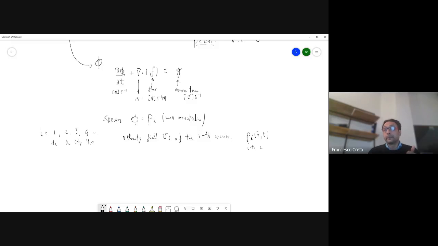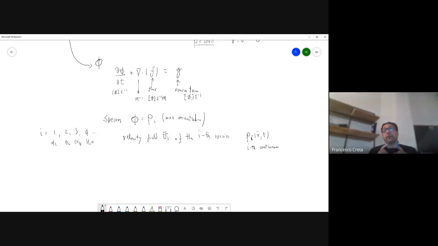So for each species, we have a scalar concentration. Okay, scalar field rho_i of x and t. Okay, that's my ith continuum. And associated to this continuum, there is a velocity field. Let me write it in a better way here because I want to separate the dot from the i. So there is a velocity field associated to this scalar field.